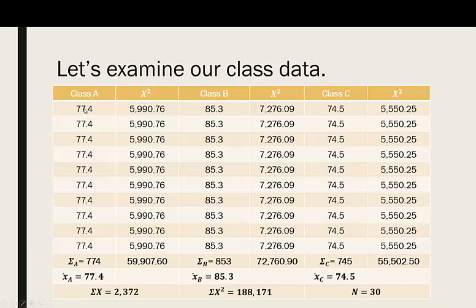We take our score and we square it, and this time you can see it's actually all the same. And we sum it up, so this is the sum of all of our A scores squared, all of our B scores, and all of our C scores. So our sum of squares has changed slightly because of the way that we did this, but this is again just to illustrate what we're doing.